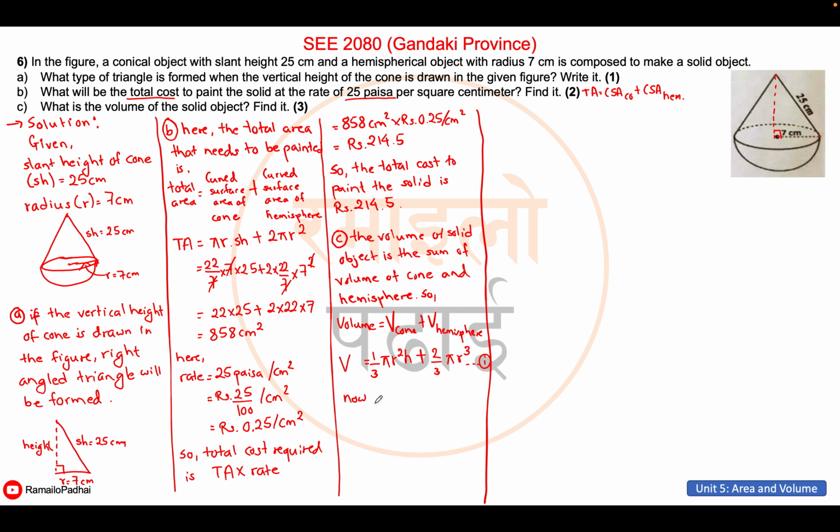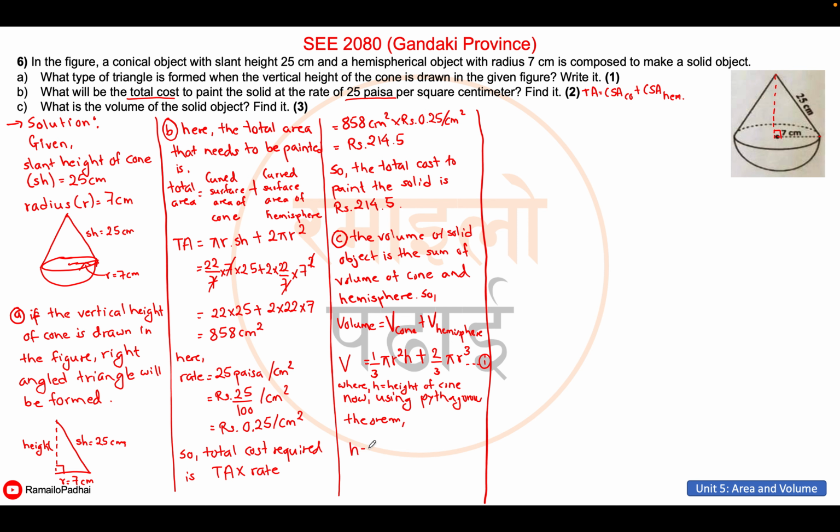Now, using Pythagoras theorem, I made a mistake here. I first need to write what h is, where h is equal to the height of the cone, and we will use Pythagoras theorem to find the height.